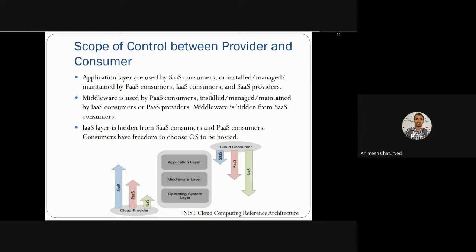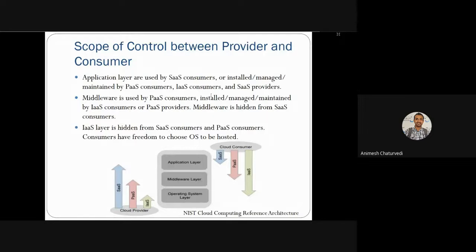Then the middleware layer is being used by the PaaS consumer. The middleware is basically installed, managed, and maintained by the infrastructure as a service consumers or PaaS providers. So there are various levels, hierarchies and access control that you have to understand.